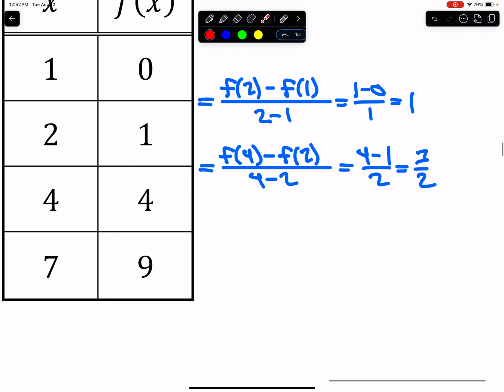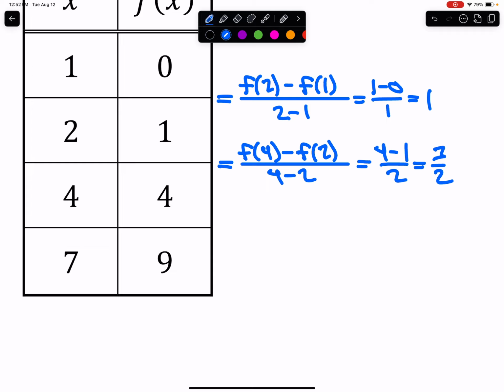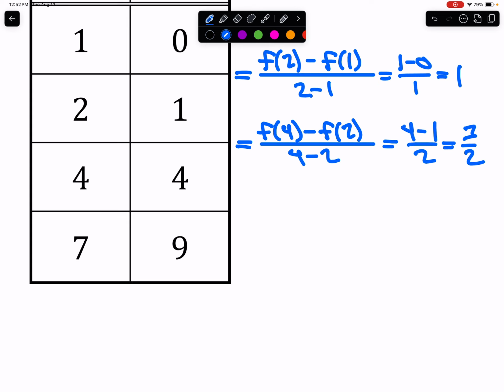And then if we increase by 0.5, so if we go to 2, then it would be quadratic, but we want to see if the average rate of change is going to change at an equal rate. So now, let's do f of 7 minus f of 4 over 7 minus 4.